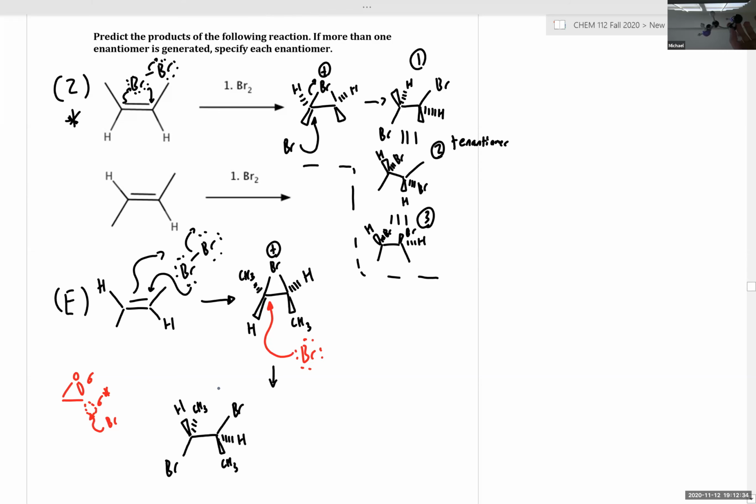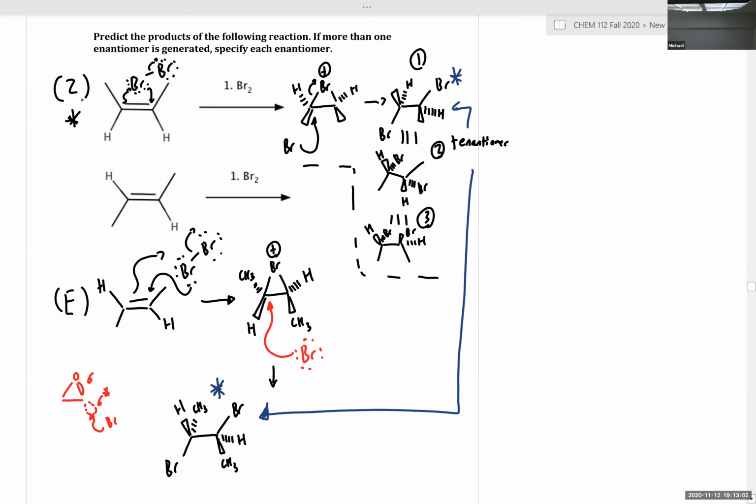Okay, so comparing these two structures, is the stereochemistry the same or different? They're diastereomers, and that's critical to note. I want you to draw this in bold ink in your notes.